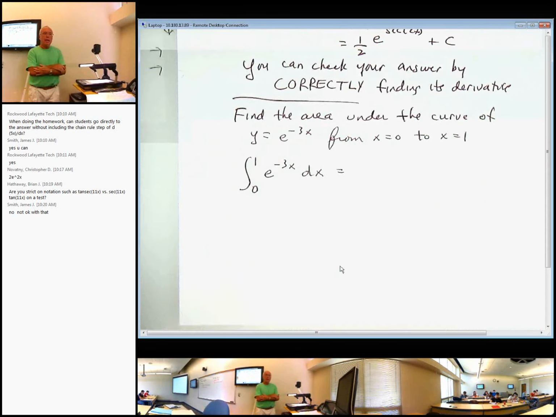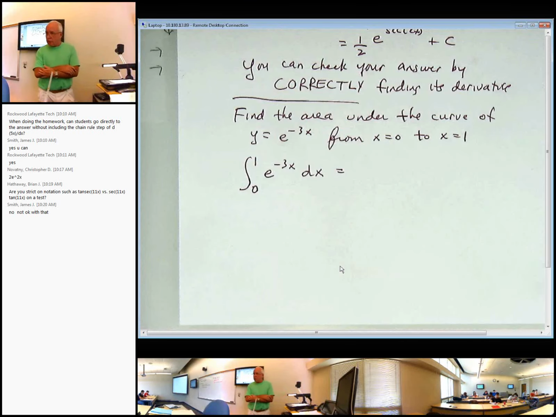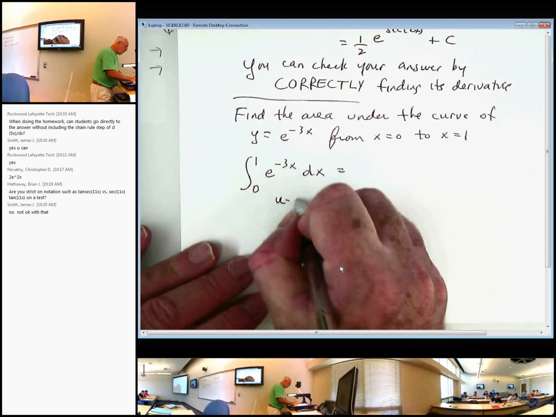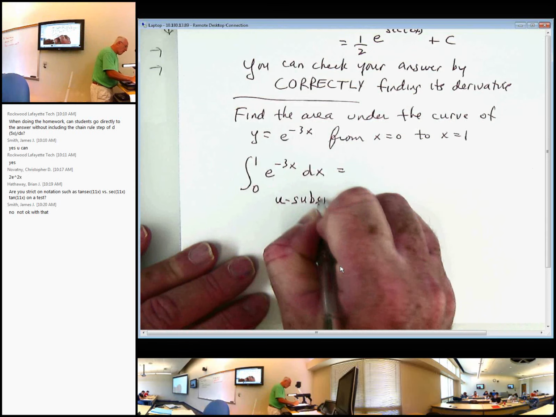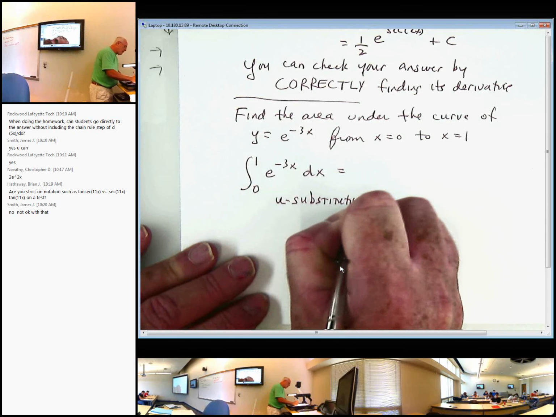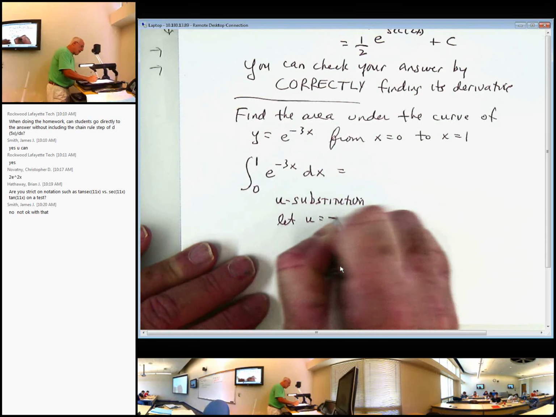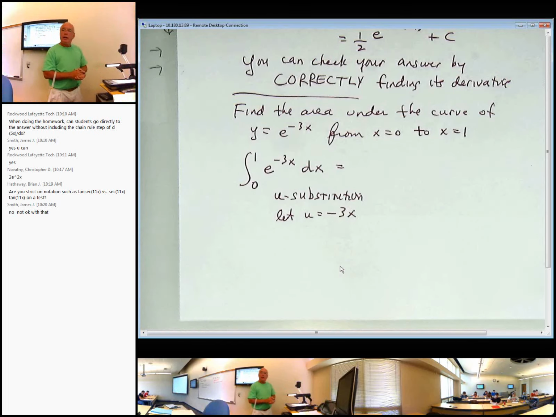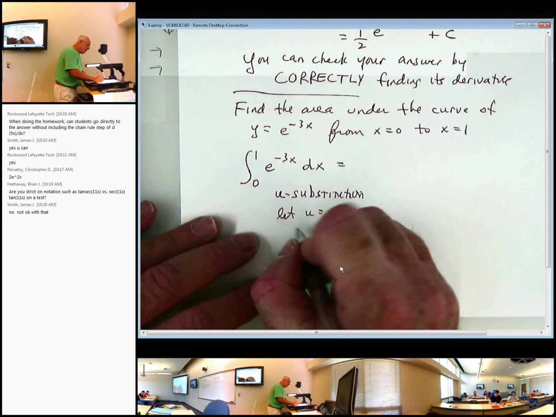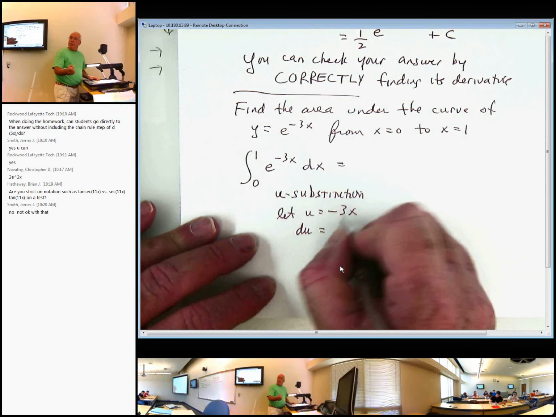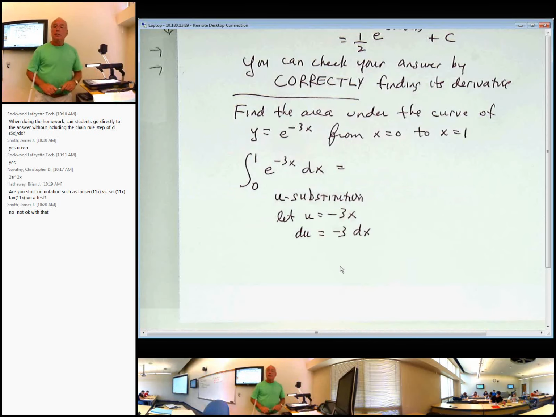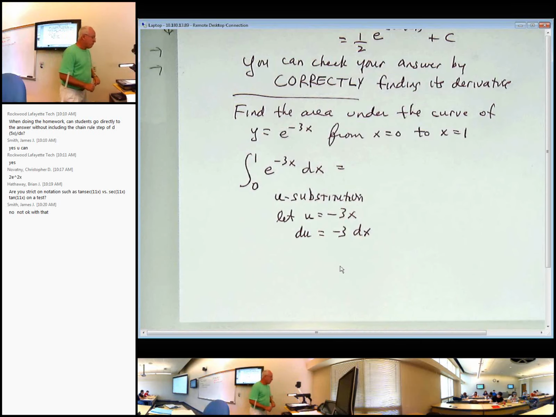All right. And again, we have to use a u substitution here. So I'm going to pick u equal to the exponent there, the function minus 3x, and get the du right away from that. So du is equal to, well, the derivative of minus 3x is minus 3, and then put in the dx afterwards. All right.